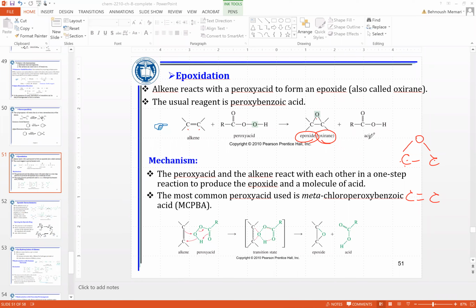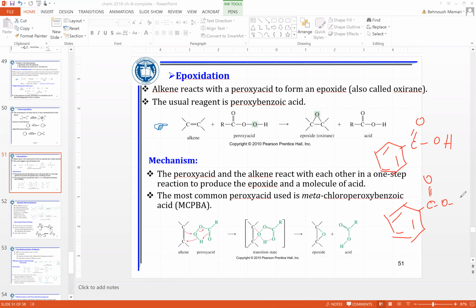This oxygen is coming from peroxy acid. So peroxy acid, let's say if you have peroxybenzoic acid, you have benzoic acid. This is the formula for benzoic acid. Now, peroxybenzoic acid has C double bond O, then OOH.